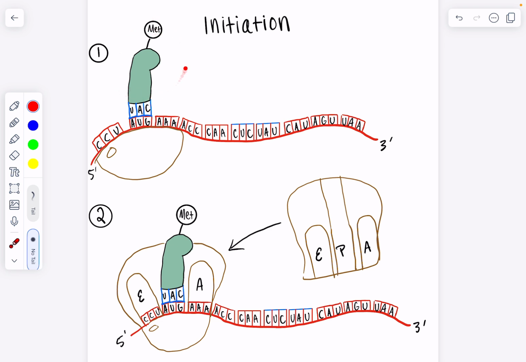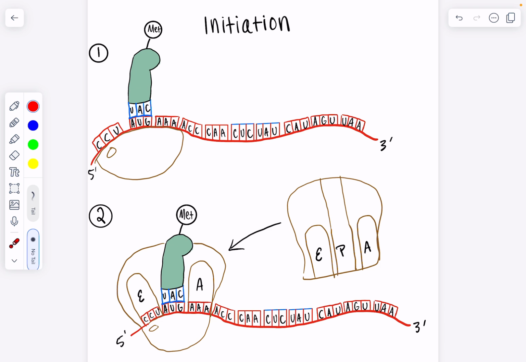The initiator tRNA is always going to have the starting amino acid methionine. And this initiator tRNA is going to have an anticodon that's going to complementarily bind to the start codon in mRNA, AUG.